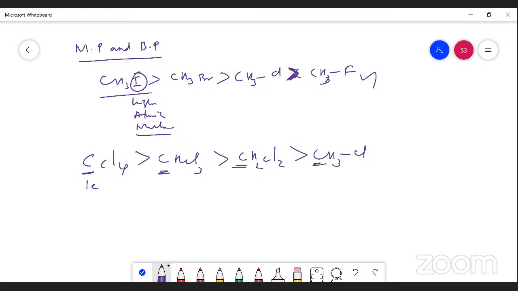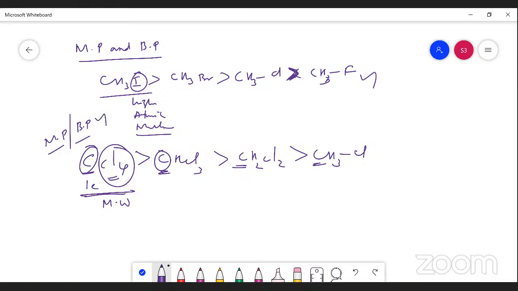Even though they have the same number of carbon atoms, the melting point and boiling point will be greater for the one with more chlorine, which means greater molecular weight. So the boiling point and melting point increase. This is the point we should understand.